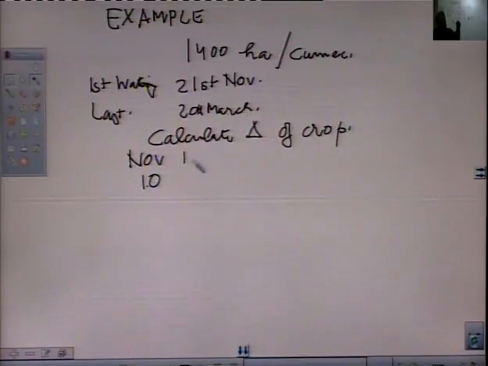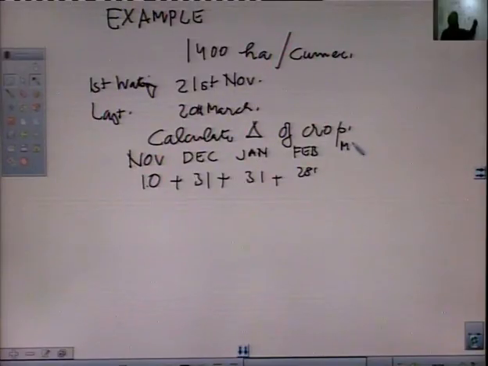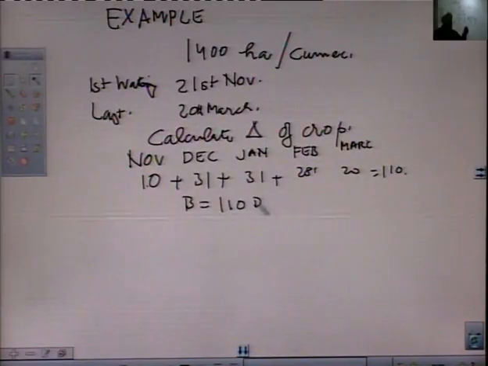December 31, January 31, sorry, February 28, and March 20. So, let us say this is 110 days. Then B is equal to 110 days.